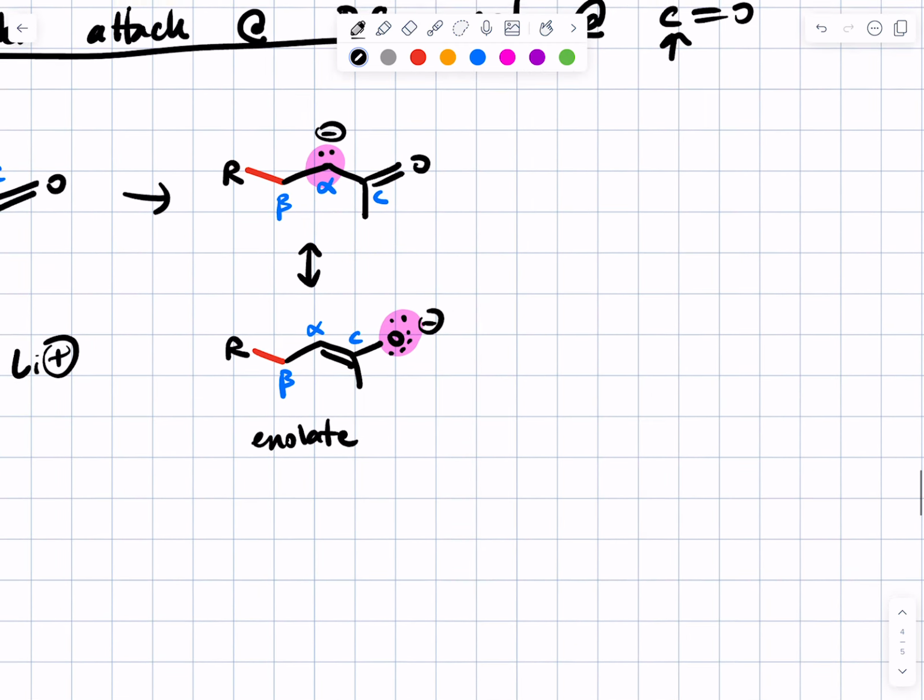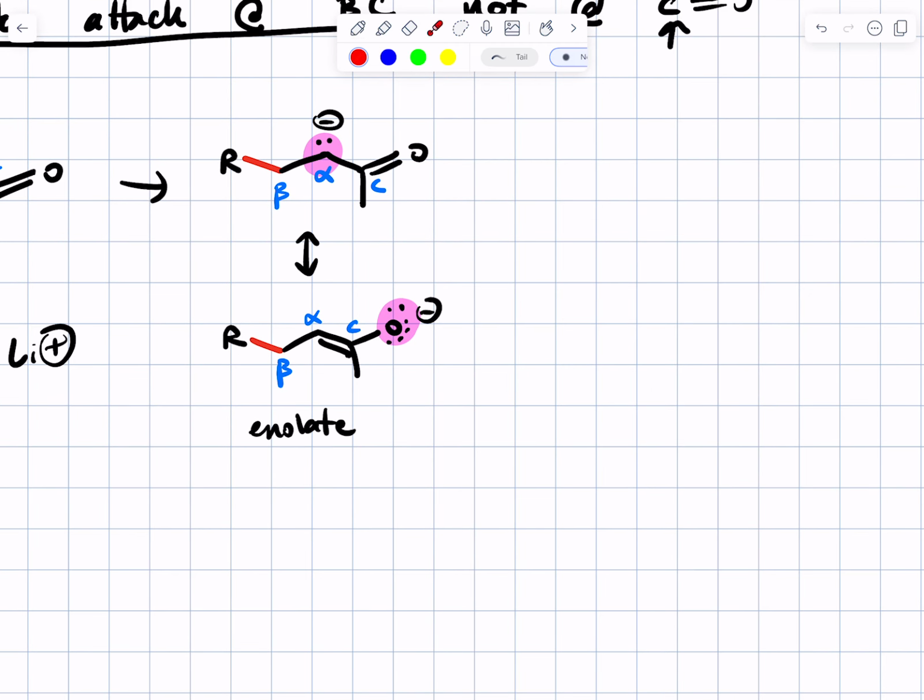All right, so it turns out that because that negative charge is delocalized in two places, when we do aqueous workup, protonation can happen in two places. If we protonate on the oxygen, like this, we're going to get the following product.